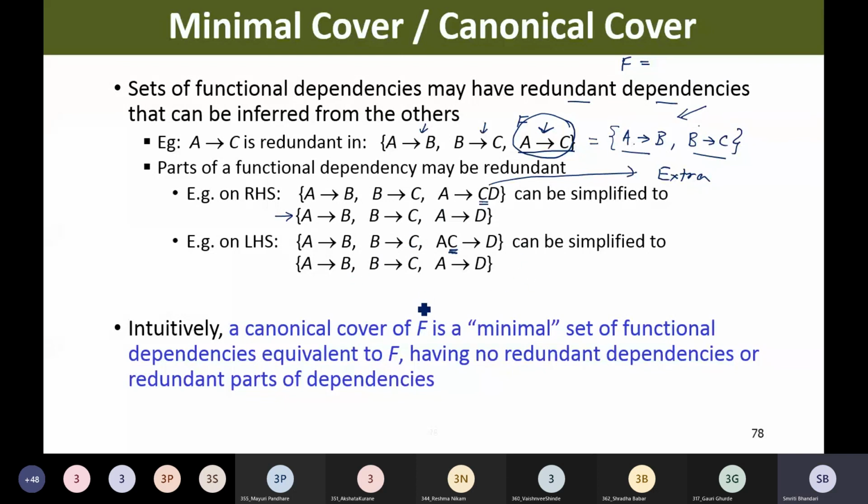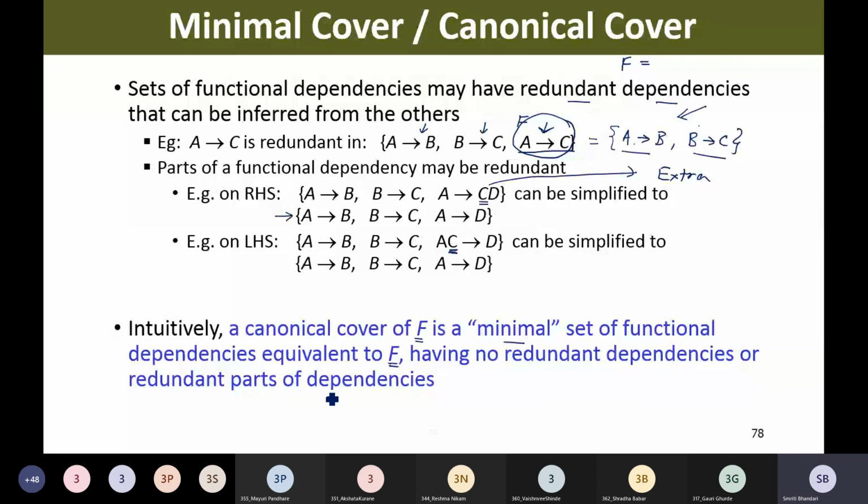So, a canonical cover of a set of functional dependencies F is a minimal set of functional dependencies equivalent to F, having no redundant dependencies or redundant parts of dependencies.